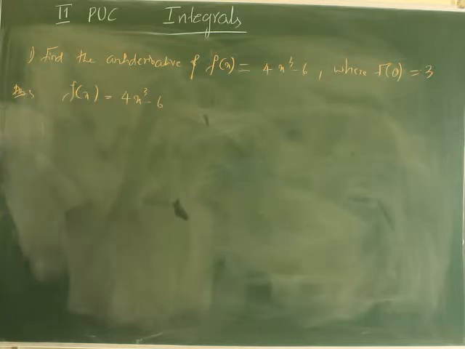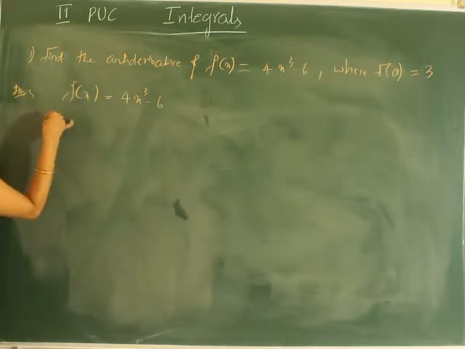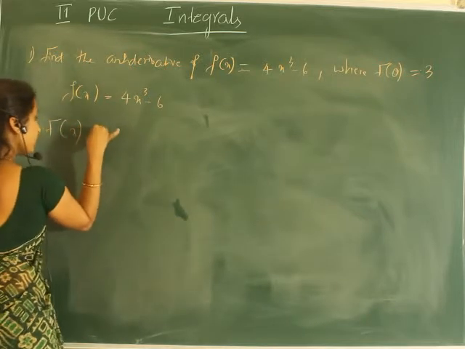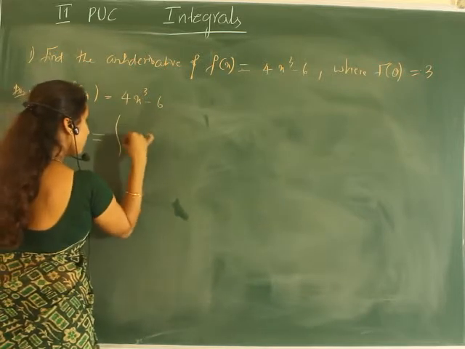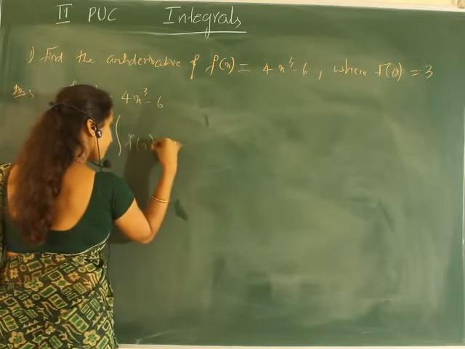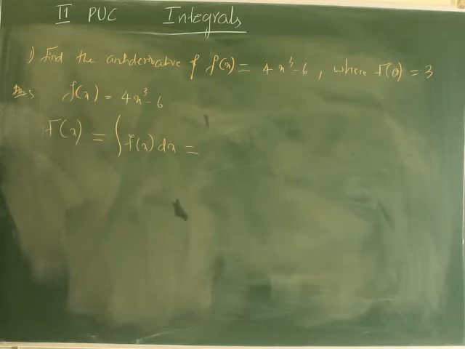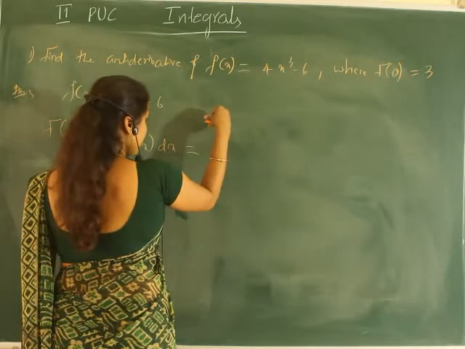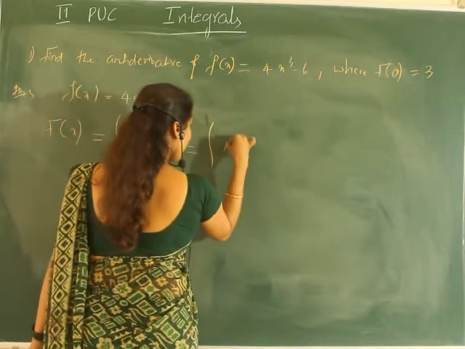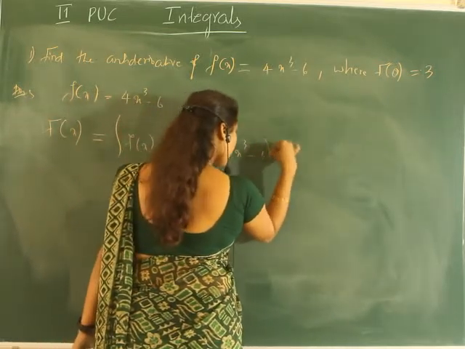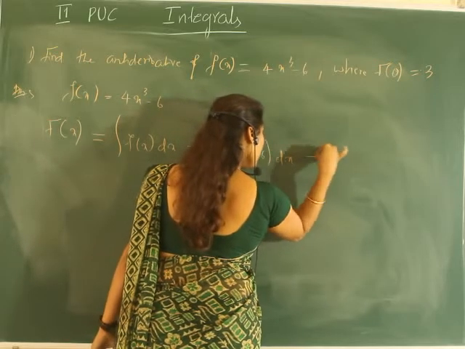So we can now find the integral value, that means capital X is equal to the integral of f of x dx. So that is the integral of 4x cube minus 6 dx.